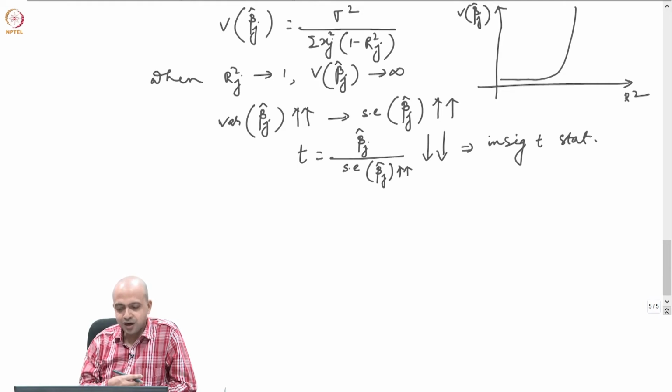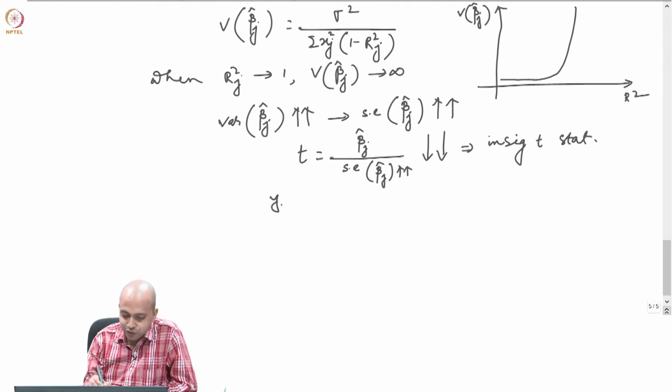Okay, but even though these individual t statistics are insignificant, you will still get a high R square, because that is coming from here. So, what would be the consequence of multicollinearity?